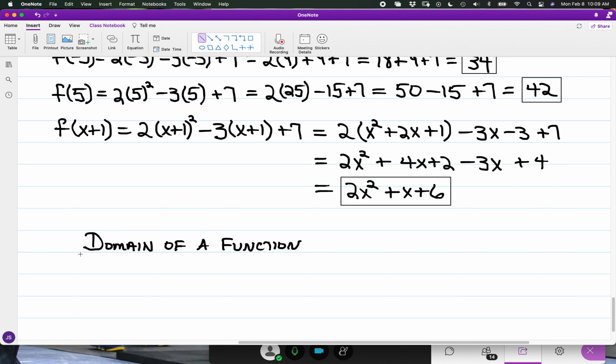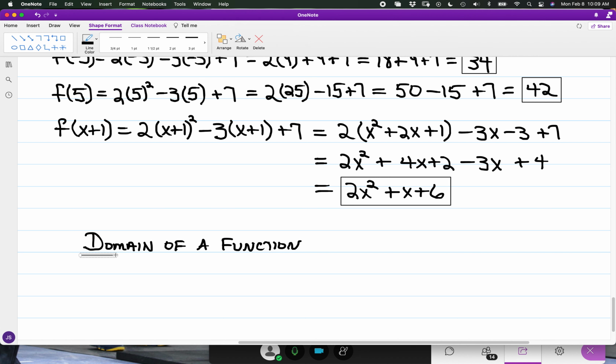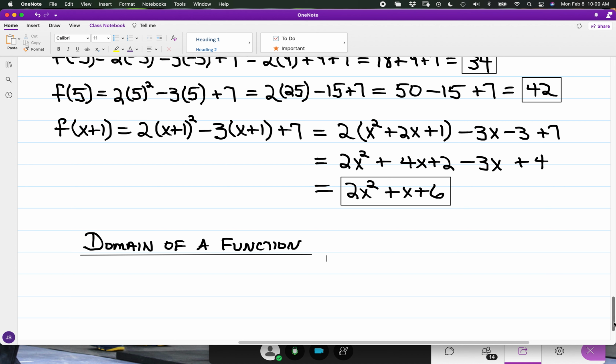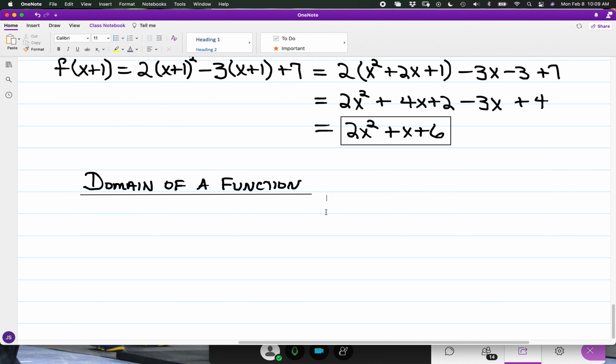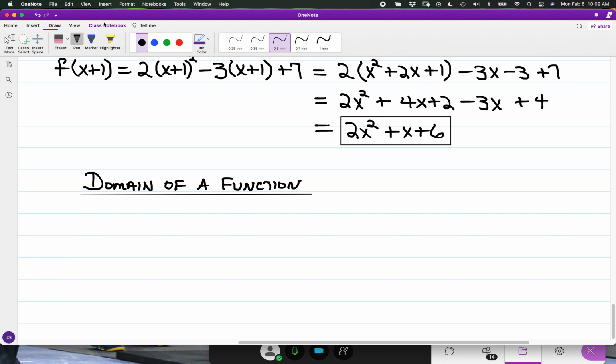Now, essentially starting with chapter 1 and going throughout the rest of the course, we're going to leave the complex number system behind and just stick exclusively with the real number system.